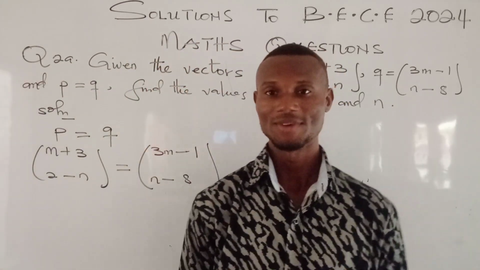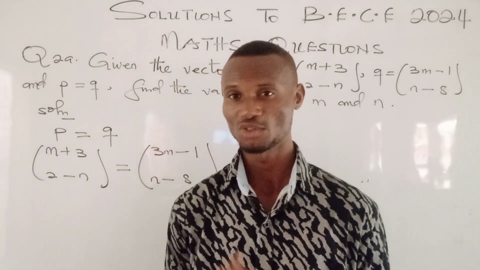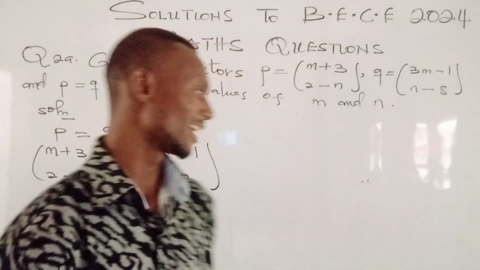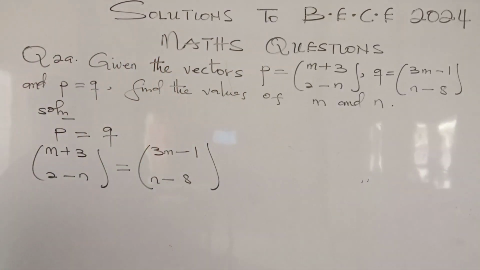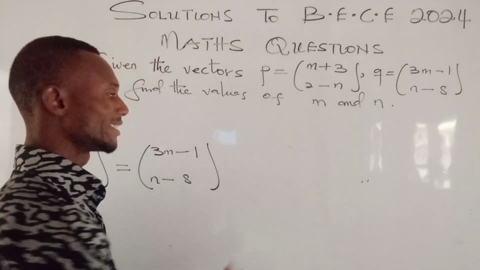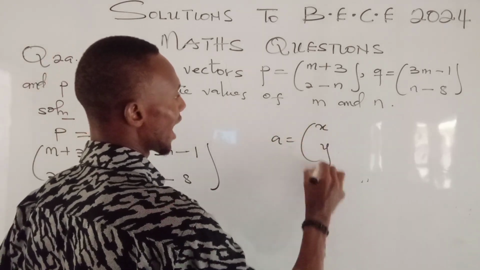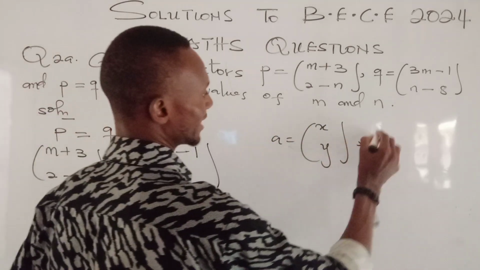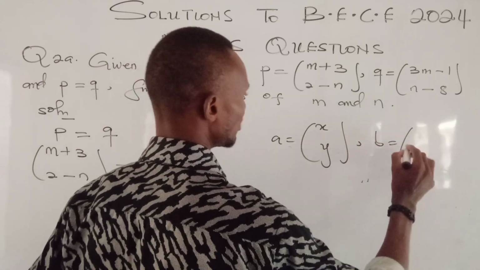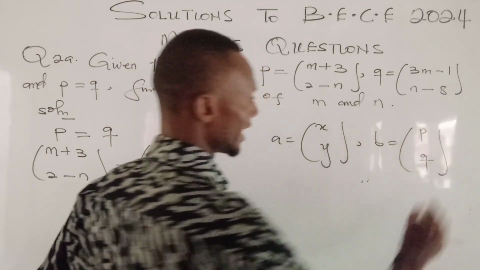Before we go ahead and solve this one, let me explain something to you, and then we apply that knowledge to solve this one. If you have two vectors which are equal, let's say I have vector A equals (s, y), and let's say I have vector B equals (p, q).